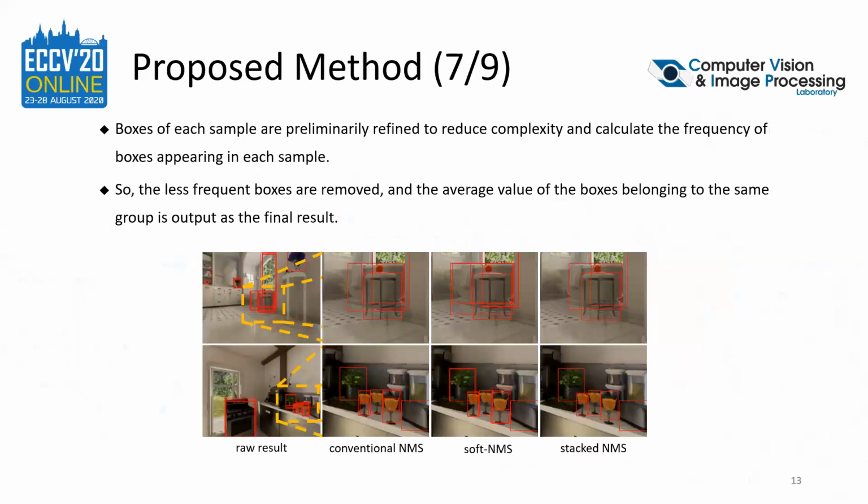Stacked NMS further removes uncertainty on the estimated result by refining the boxes detected for each sample twice. As a result, the boxes can be refined more precisely. The example video can be used to qualitatively compare the result of each NMS.